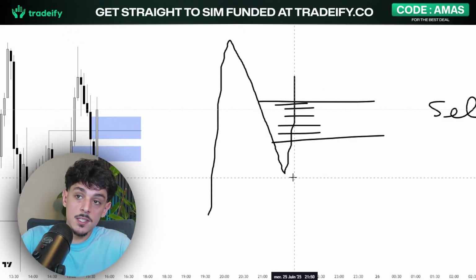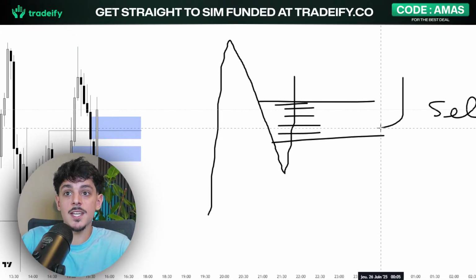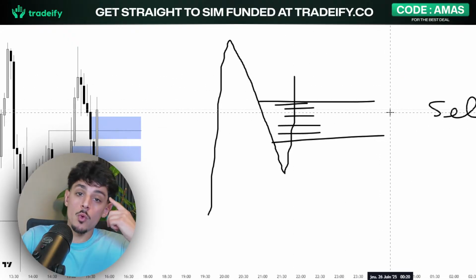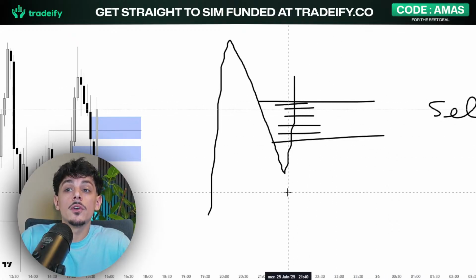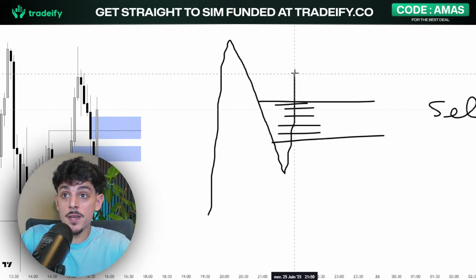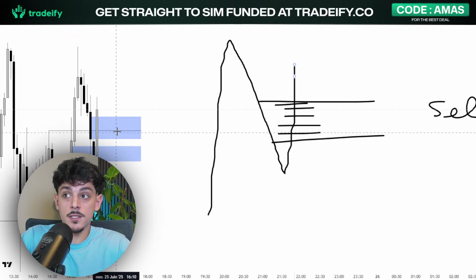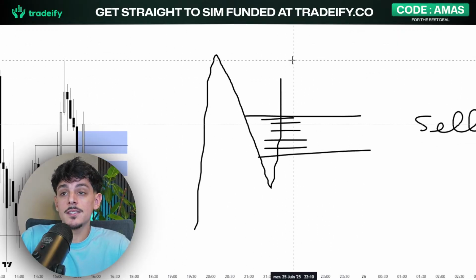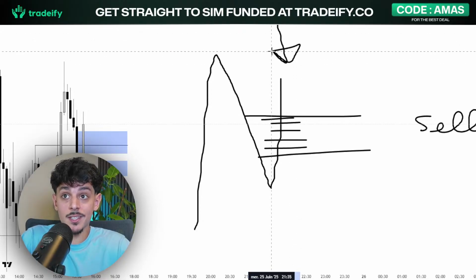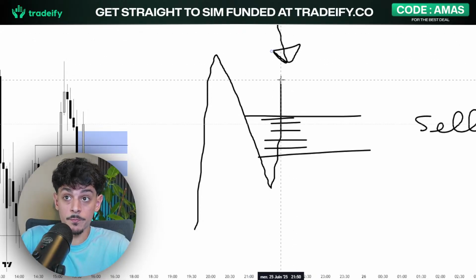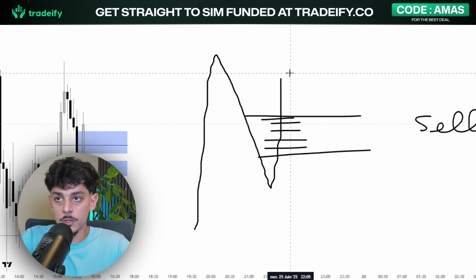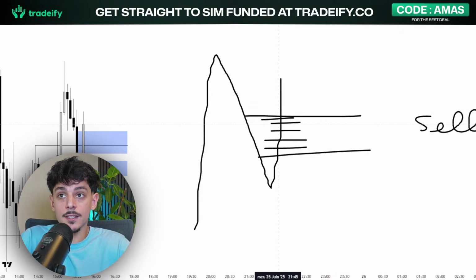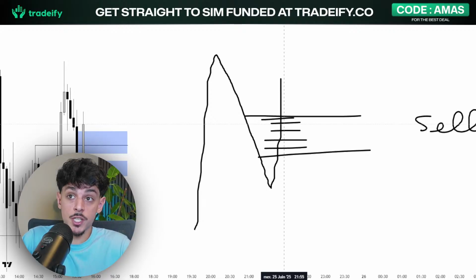So right here in this case, there are a lot of passive sellers inside this fair value gap. So what do you know? If they are being disrespected right now, and this is a big institution, what will they do? Most likely they will start selling a ton of shares.